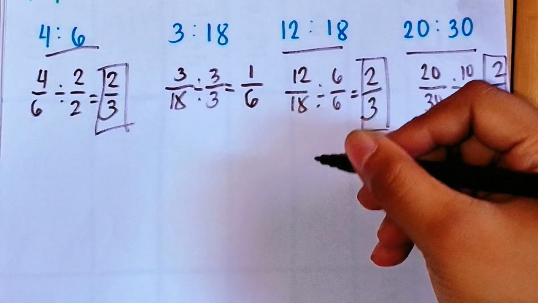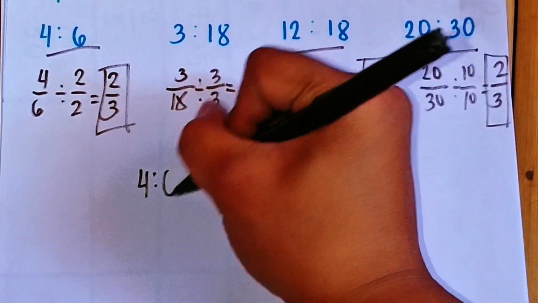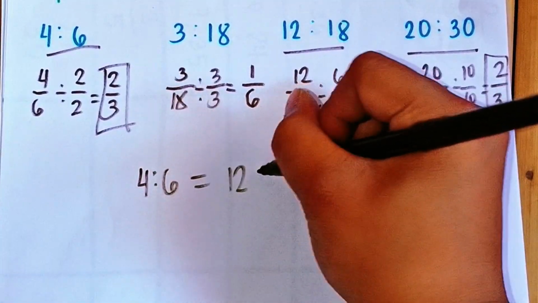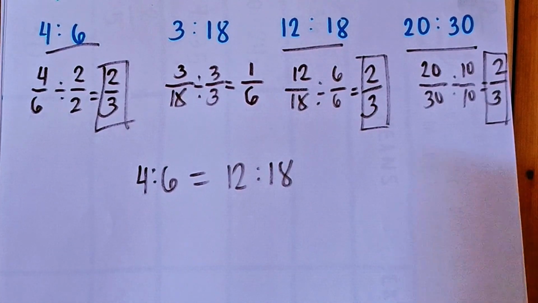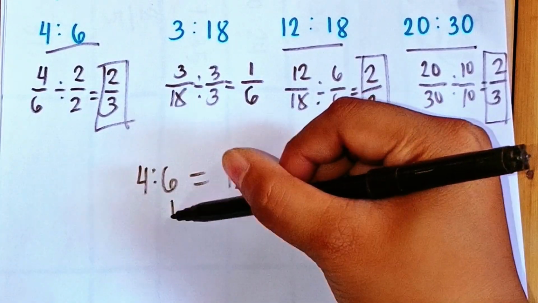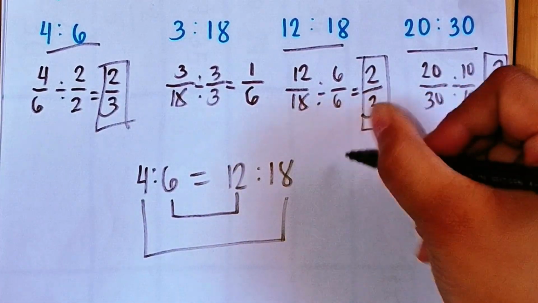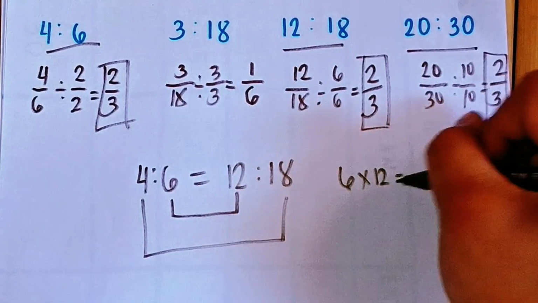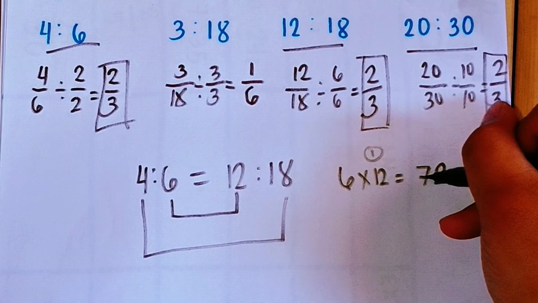Let's check if it is real. Let's use 2 ratios. We have 4 is to 6 is equal to 12 is to 18. So we need to multiply these 2 and these 2. So 6 times 12 is equal to 72.